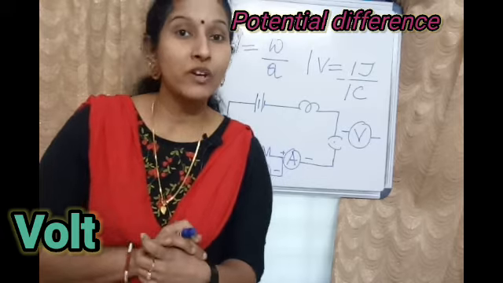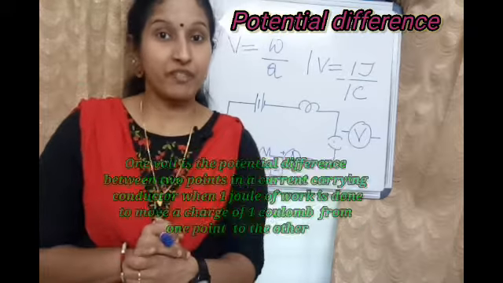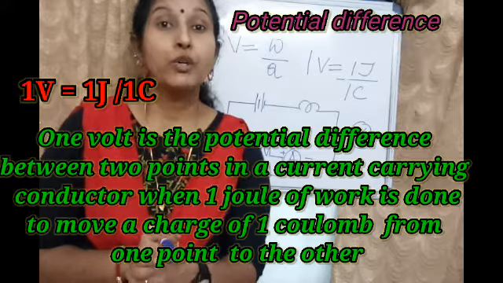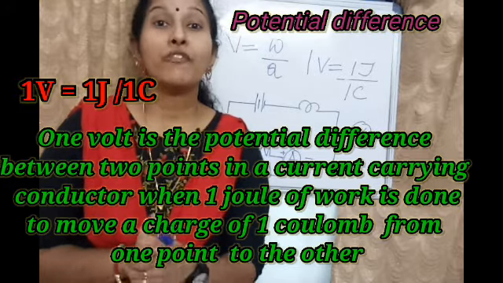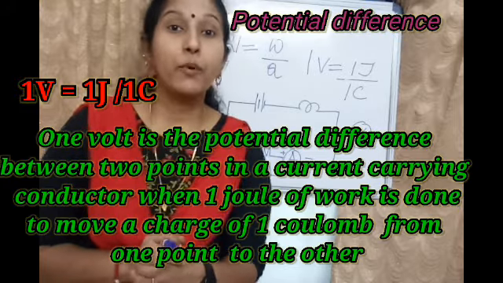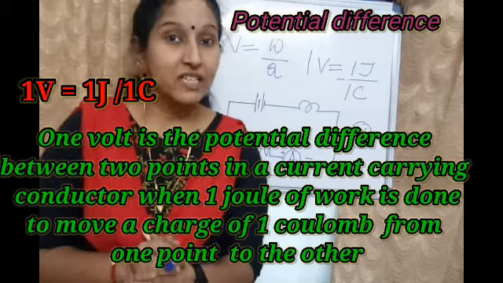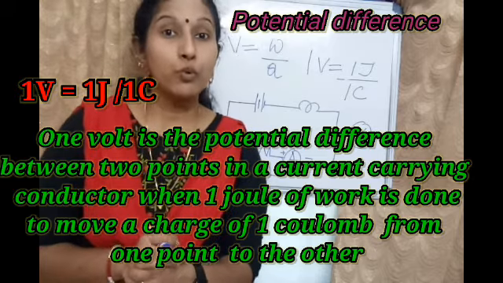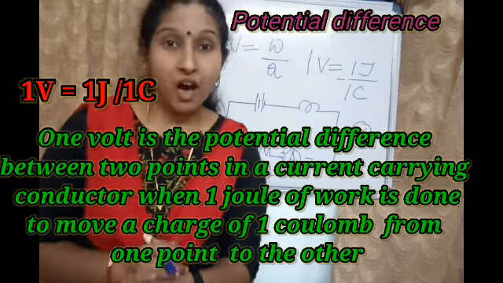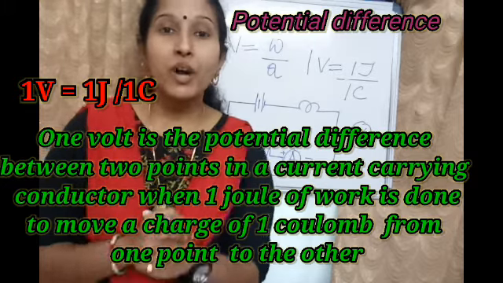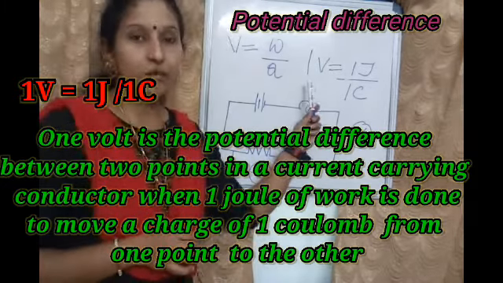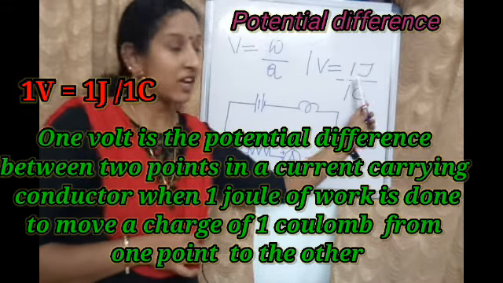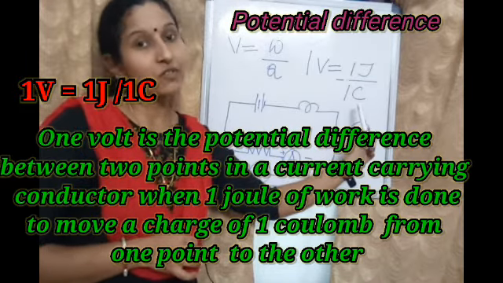What is 1 volt? 1 volt is the potential difference when 1 joule of work is done to move 1 coulomb of charge from one point to other. See, 1 V equal to 1 J by 1 C. 1 J means 1 joule. 1 C, 1 coulomb.